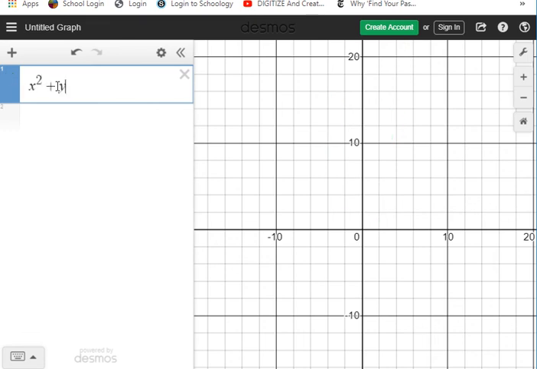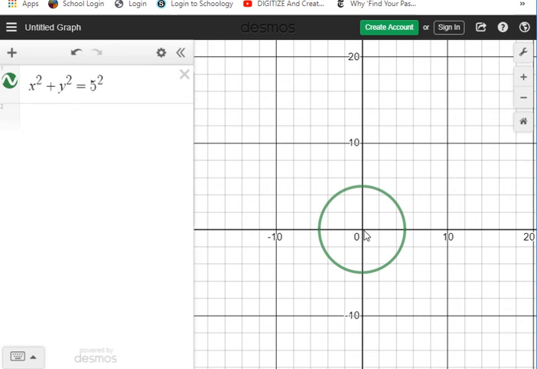I'm just going to say it equals 25, which is the same as 5 squared. And you see right away we end up with a circle here. The center is at 0, 0, just like the one that we had, and we have a radius of 5. We squared to get 25, of course, but the radius itself is just 5.